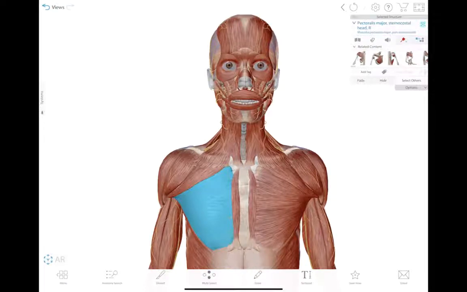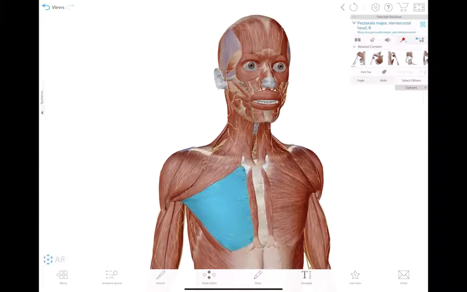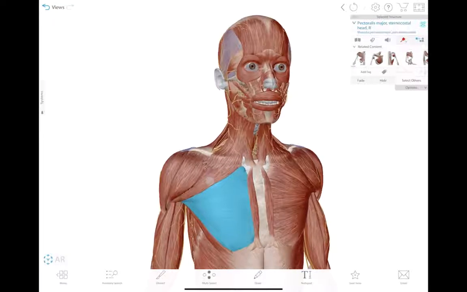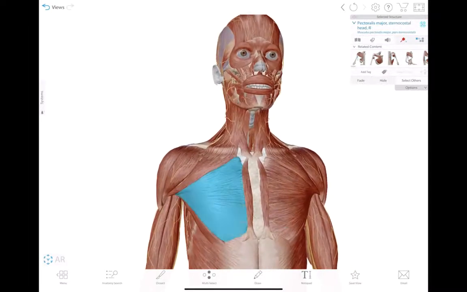Okay, so our first muscle is the pectoralis major. So that's your big pec muscle. You have different parts of it, divided into different sections, but we're just learning the whole muscle. It has two parts, and it is involved in flexing. So if you imagine this muscle, it is going to flex the shoulder.